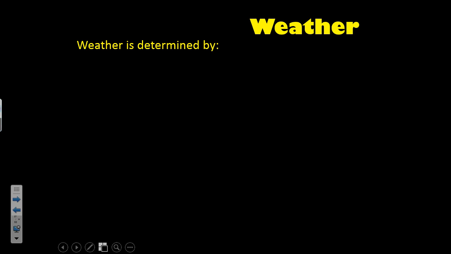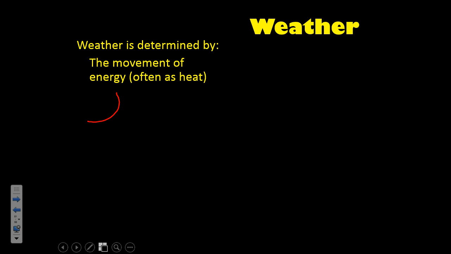Most of our weather is determined by energy that comes from the sun, and how that energy moves around determines what's going on. So let's talk real quick about how that works. Okay, so we have the sun, and the sun is giving off energy, and some of that energy will come down to the Earth.